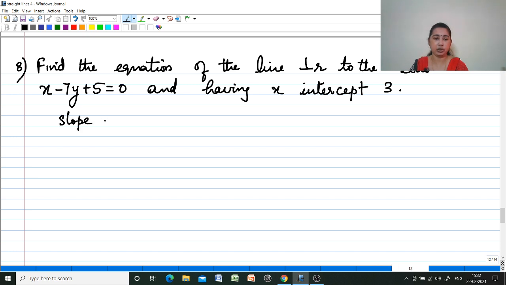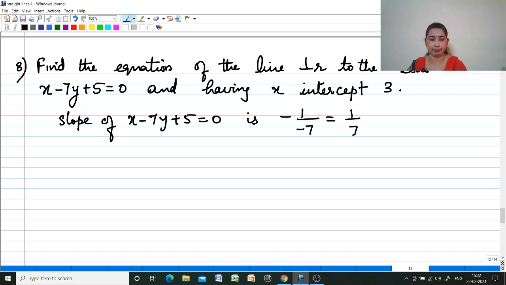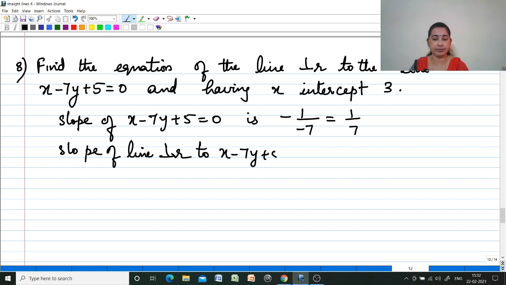Slope of x minus 7y plus 5 equal to 0 is minus a by b, that is minus 1 by minus 7, which is equal to 1 by 7. So what will be the slope of the line perpendicular to this line? Slope of the line perpendicular to x minus 7y plus 5 equal to 0 is minus 7.